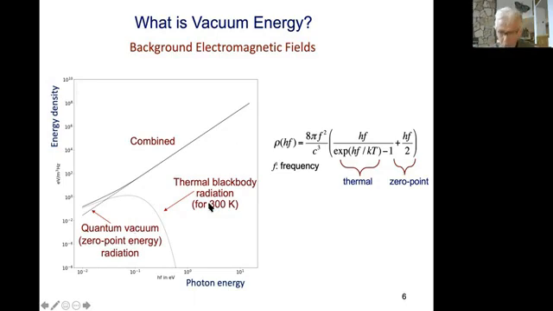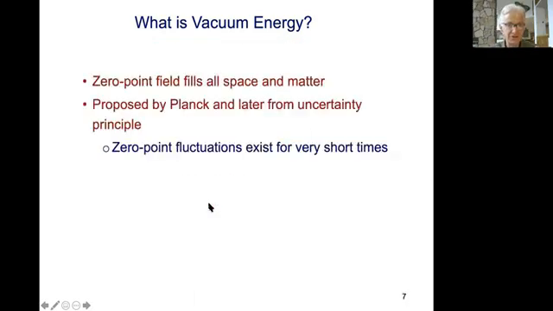Okay, so what is this vacuum energy? So zero-point energy fills all space and matter. It was proposed by Planck, as we saw, and then later codified by the uncertainty principle.